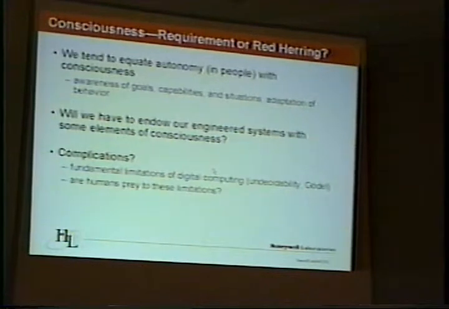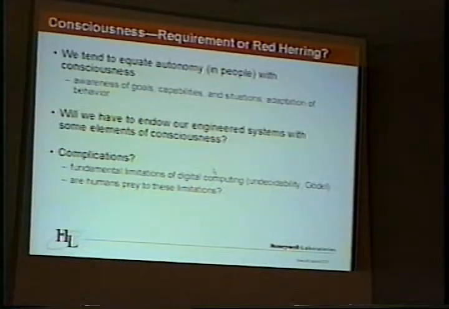So the topic of interest here is consciousness. And the reason I wanted to bring this up is that whenever we talk about autonomy in the context of biological systems like humans, it's actually very similar to how we talk about this whole notion of consciousness. So we talk about ourselves being aware of our goals, our capabilities, of the situations that we're in, and of being able to adapt our behavior accordingly, taking into account our limitations, our cognitive limitations, our physical limitations.